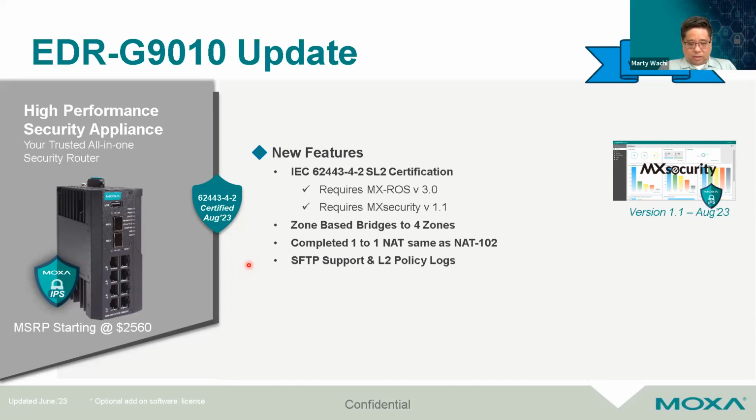We've also rounded out the NAT capabilities in the EDR G9010, so it brings it to NAT feature parity with the NAT 102 because they're using essentially the same software. If you're familiar with the 102's NATing capabilities and setup, it's the same. And then we've added SFTP support, as well as some layer 2 policy log enhancements.